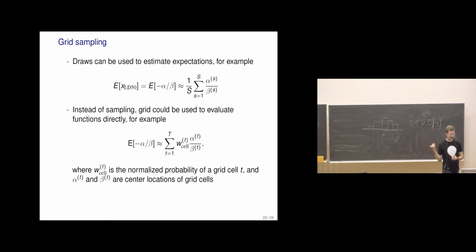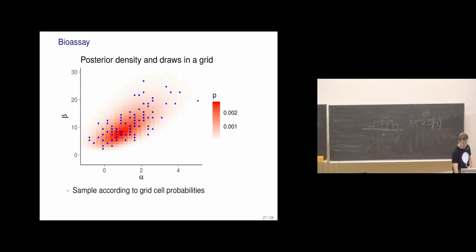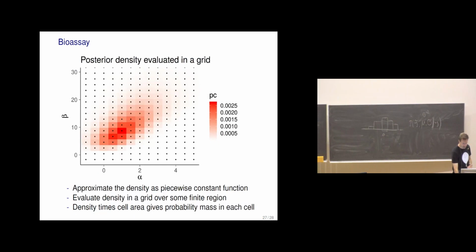There are also, in chapter 10, a few other of these kinds of deterministic approaches. So in sampling we had this random sampling from the distribution, but if we just use this grid, this is called a deterministic approach, where we have determined, not randomly but deterministically, the location of these draws.